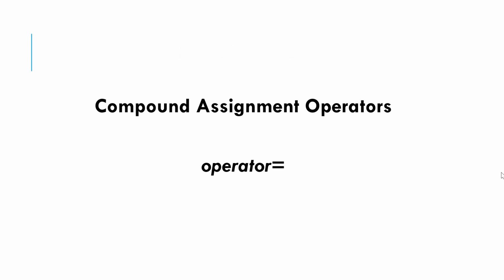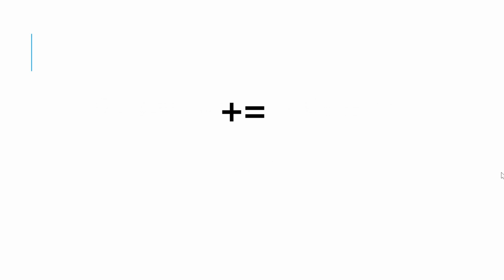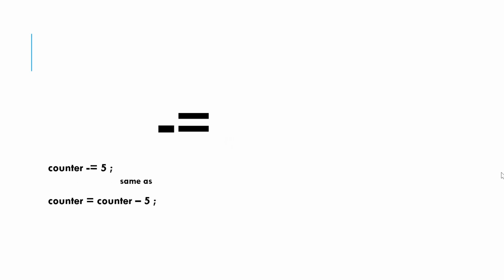Okay, now there is a compound assignment operator which includes the operator equal to. For example, plus equal to: counter plus equal to 3 means counter is equal to counter plus 3. The same logic goes on.